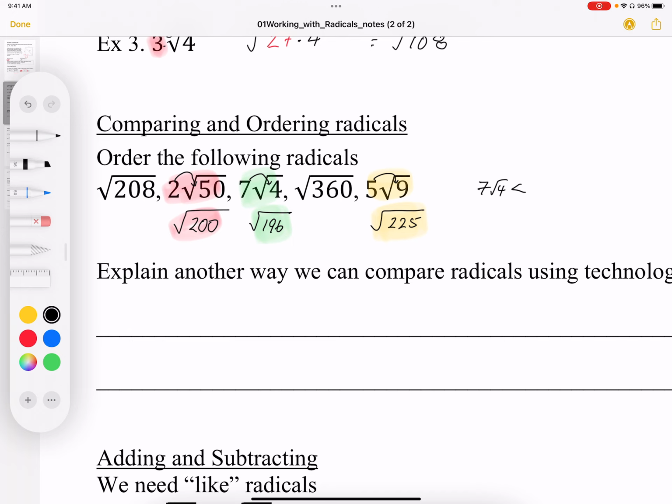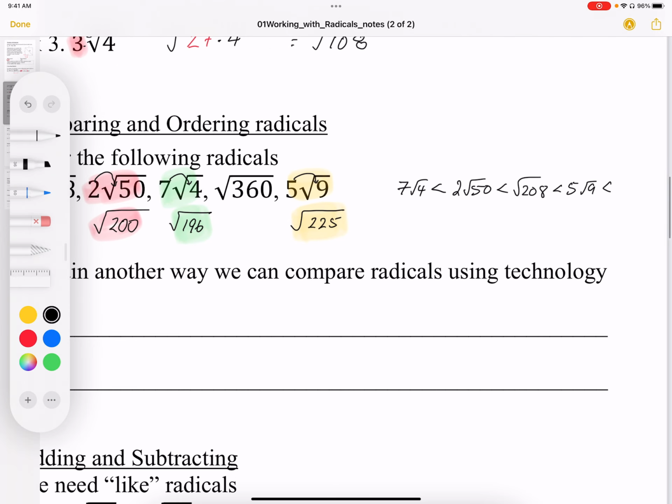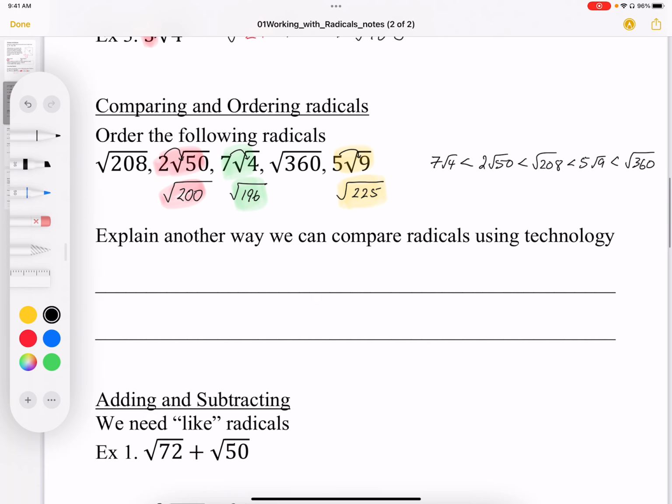So 2 root 50 then represents the next smallest. The next one is going to be root 208. Okay, then it goes 5 root 9, and then the largest is going to be root 360.